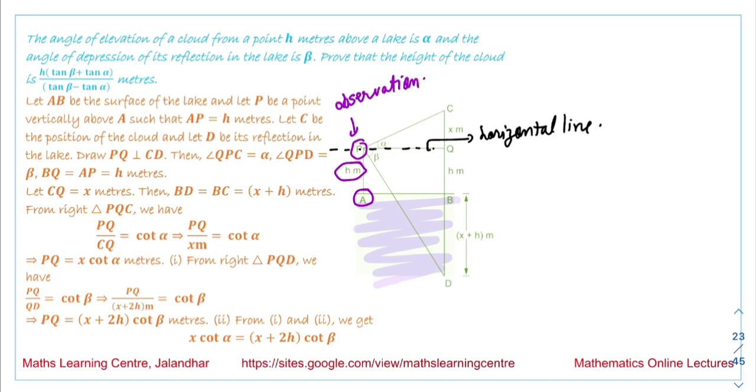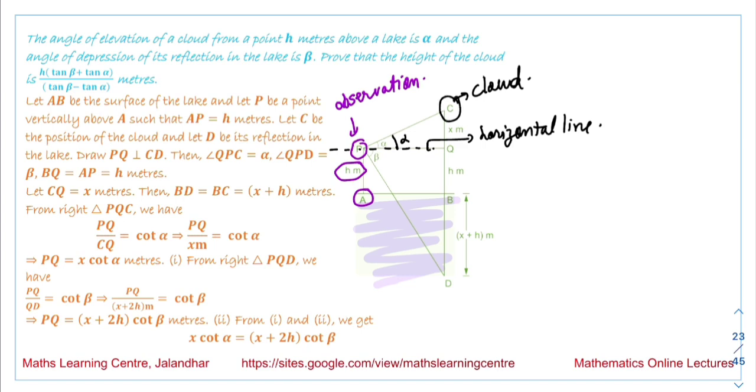Now it is given that the angle of elevation of a cloud is alpha. This is the cloud we are talking about. And the angle of depression of the reflection in the lake is beta.